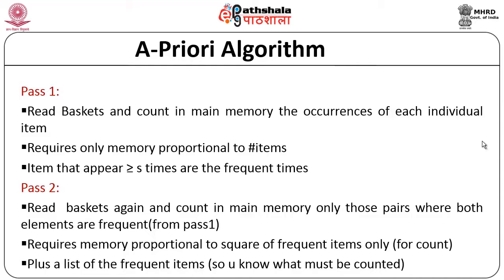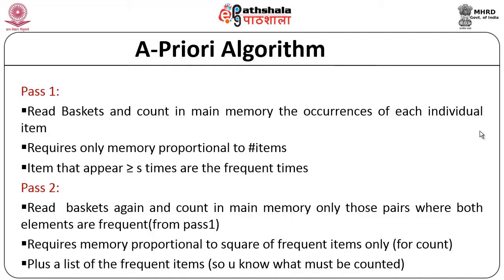It actually requires a memory that is directly proportional to the number of items available in the given transactional data. In pass 2, you are going to read the baskets again and once again count in the main memory only those pairs where both elements are frequent, that is the elements which you have identified as part of pass 1.